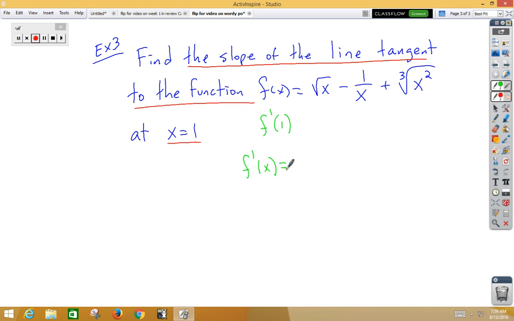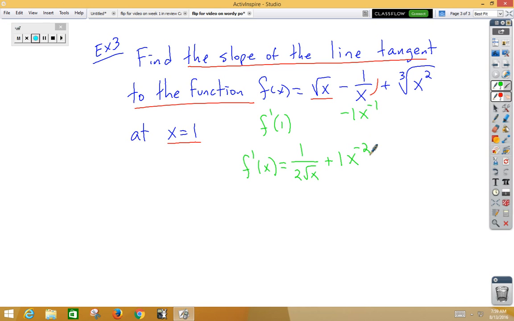Our first term, root x, we have memorized as 1 over 2 root x. Our second term, we want to think of this like negative 1x to the negative 1 power. Bring that up to the numerator. Then when we do the power rule, negative times a negative is a positive 1x to the negative 2.